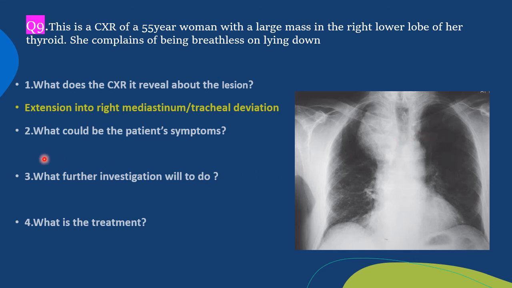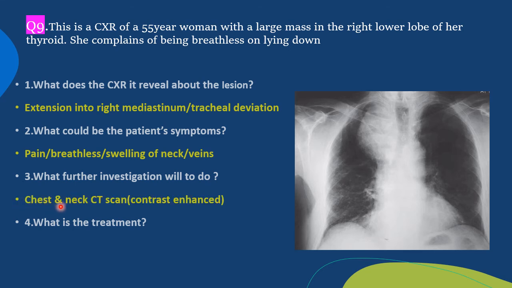What could be the patient's symptoms? Pain, breathlessness, swelling of the neck, engorgement of the veins of the neck and the face. These are features of thoracic inlet obstruction. What further investigations will you do for the patient?